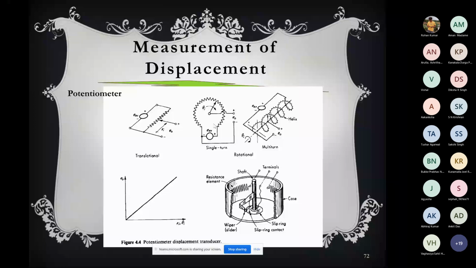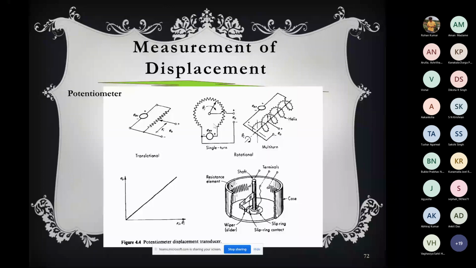The slider moves on the circle, and the output is again the potential difference, measured between one end on the input voltage and the other end on the slider. In the translational potentiometer the slider moves on a line, and in the rotational potentiometer the slider moves on a circle made of resistance. The input voltage is provided across the resistance, and the slider is connected with the output voltmeter.